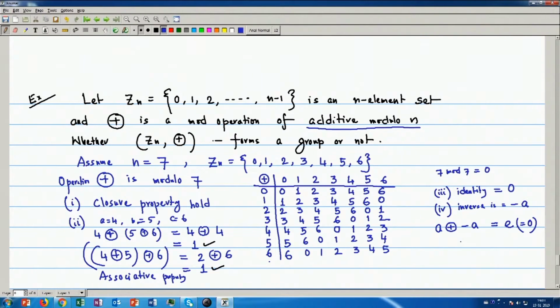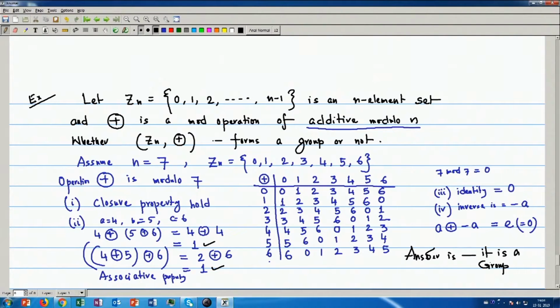So, inverse exists. So, it forms a group. So, my answer is it is a group.